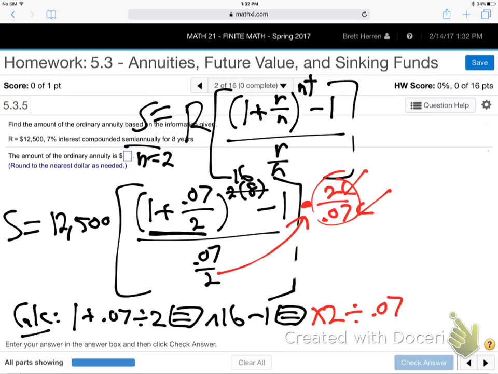Everybody good so far? Finally, times that number in the front, which I kind of saved to the end, 12,500. If you do that exact sequence, it'll give you the answer. I'll do it too.